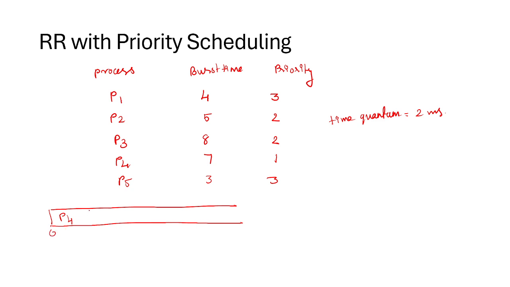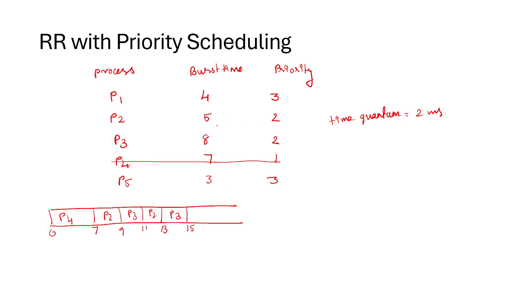The execution time is 7, so 0 to 7. Now P4 is over. Next are P2 and P3, and every 2 milliseconds they will be executed. P2 starts first and stops at 9, then P3 up to 11, then P2 up to 13, then P3 up to 15.